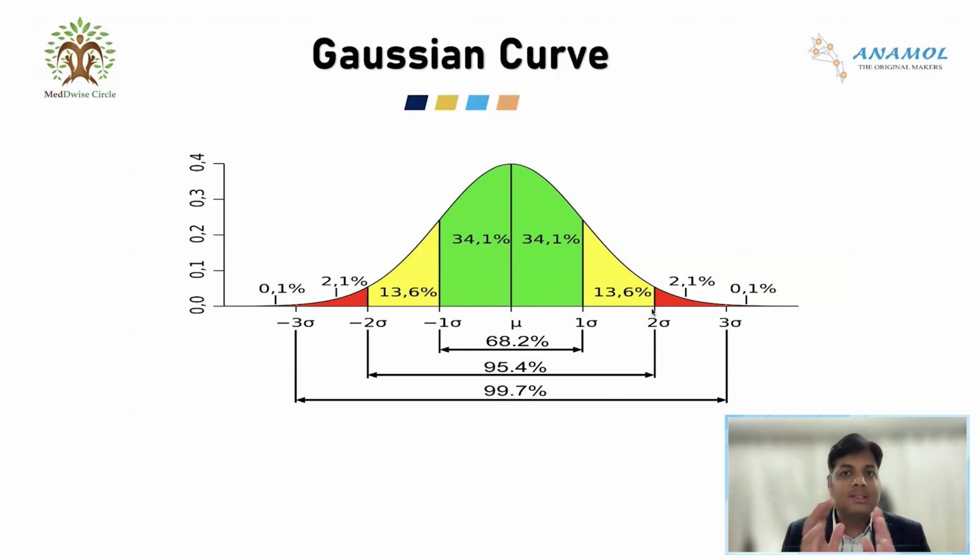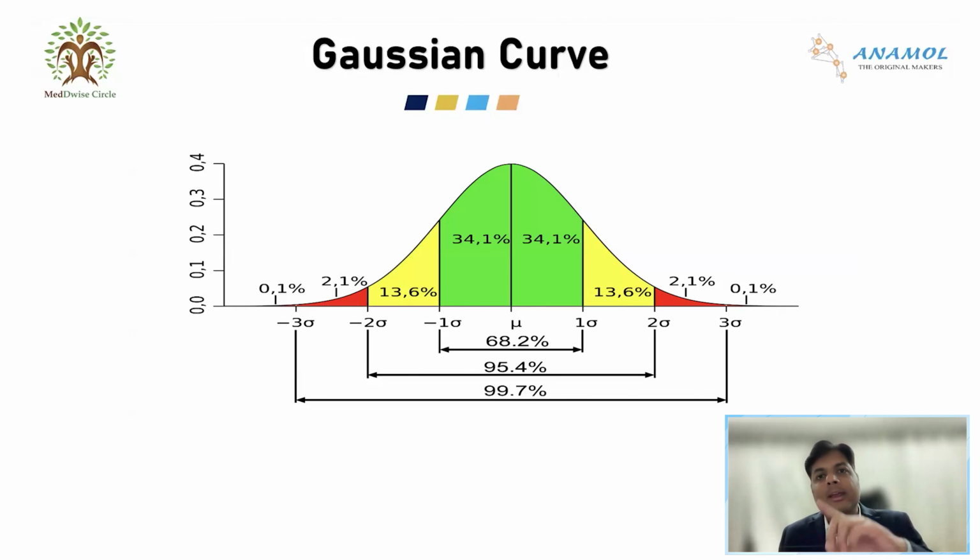Now, this is very important to understand, because if we look at this graph, there is something very, very interesting which is happening. From the mean, if we go minus 1 SD and plus 1 SD, within that range we will see that 68% of our students are in that range.